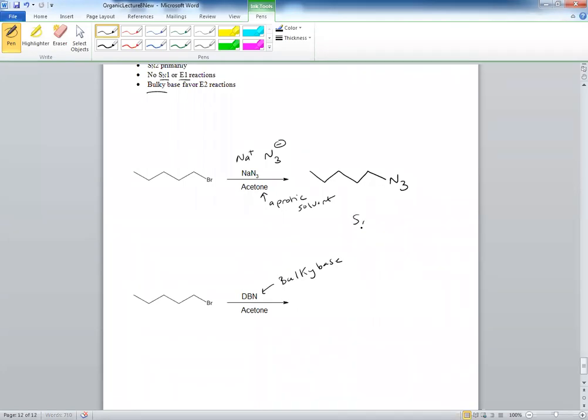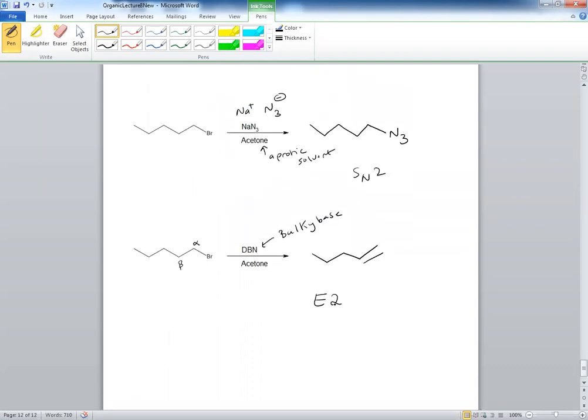So this is SN2, and here you're doing an E2. Here's your alpha carbon. You only have one beta carbon, so the double bond would have to form right there, like that. That's your product.